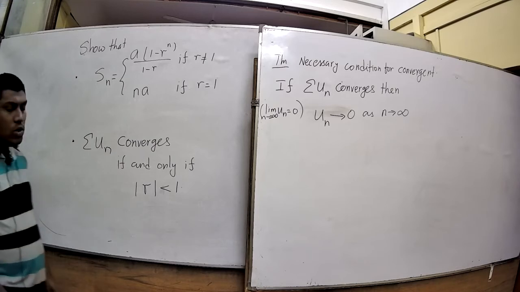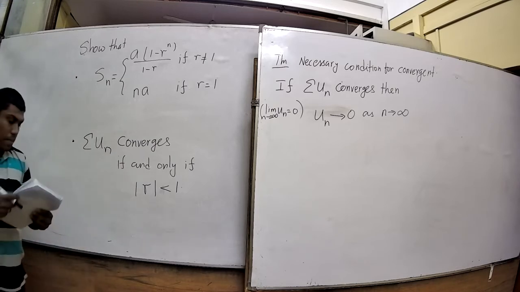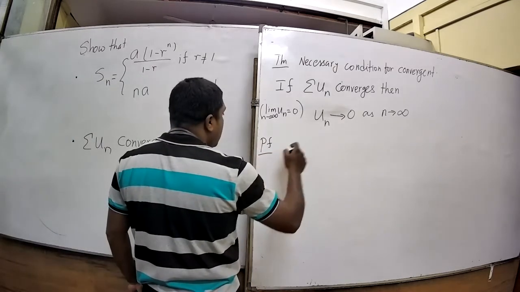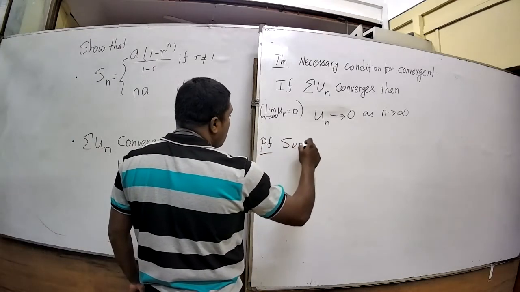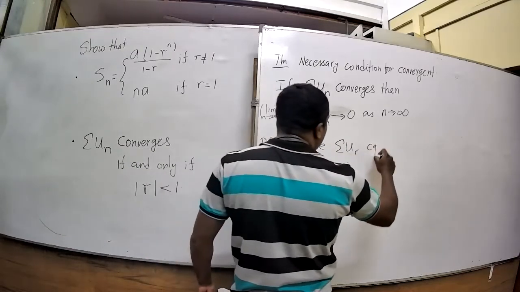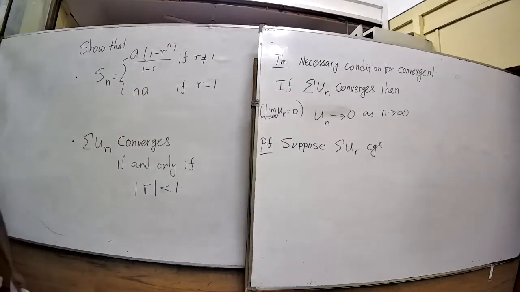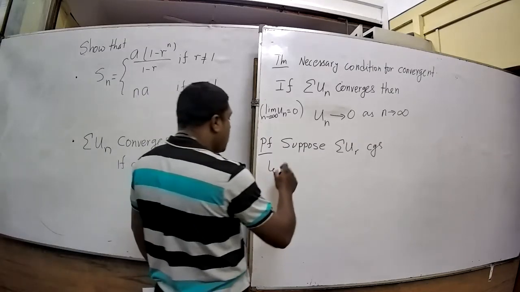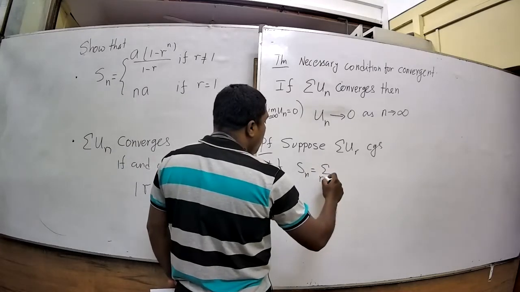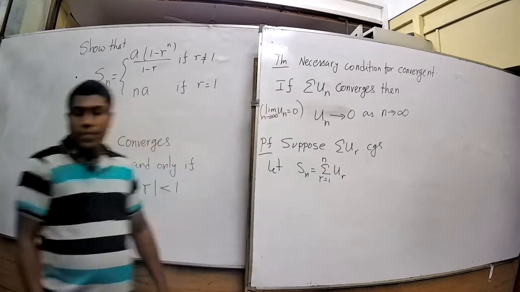Right, so you want to show that limit of un is 0. Proof. It's not a big thing. Suppose the series is convergent. Let the partial sum Sn be equal to the summation of ur, r equals 1 to n.